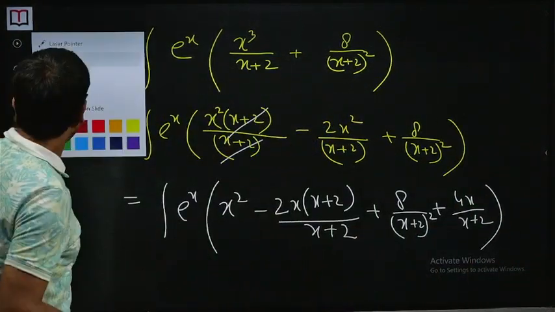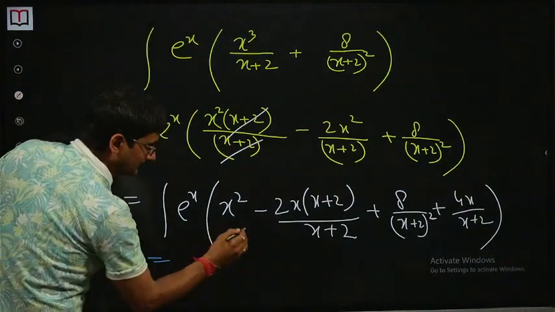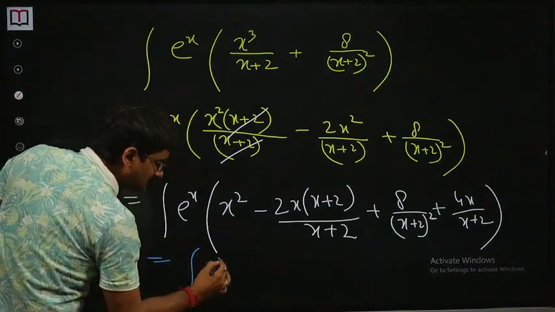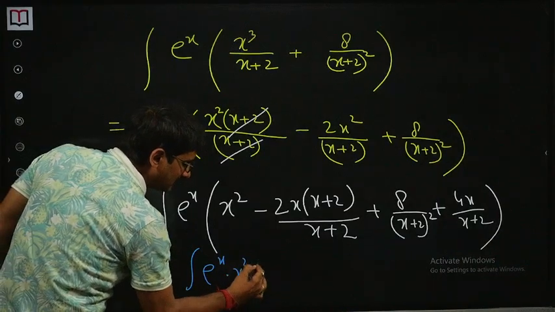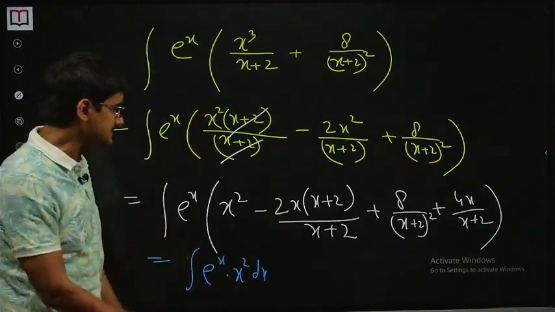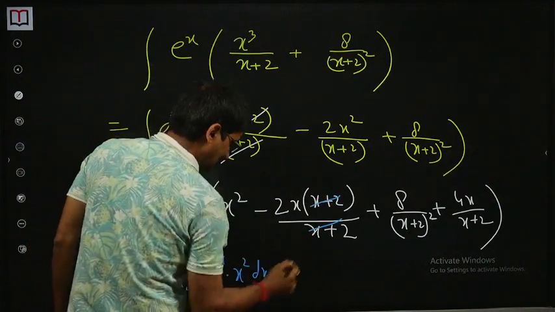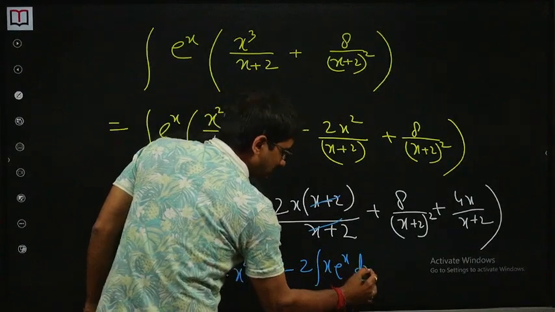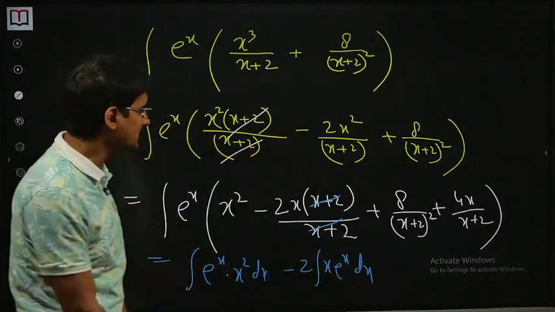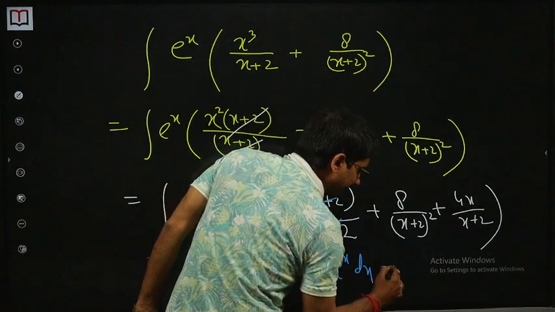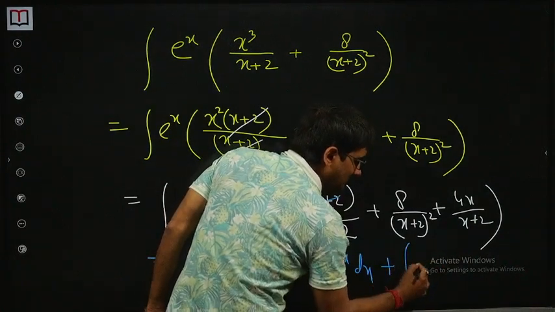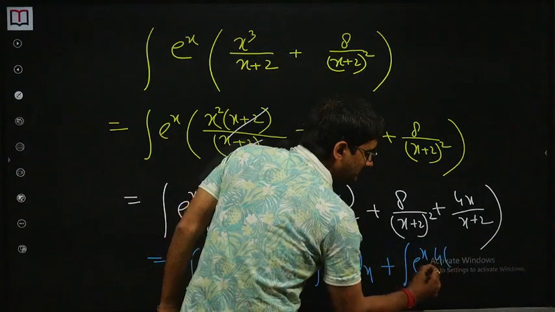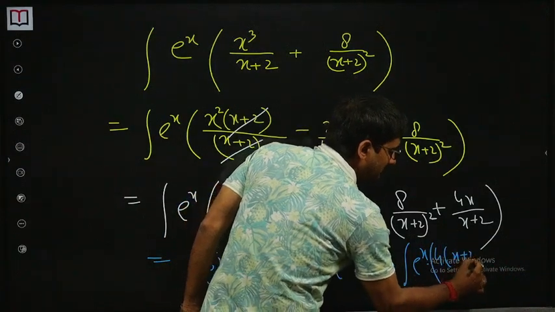Okay? Now at last, for further simplifying it, one integral is this, which we can solve with the help of course by parts. And then this is gone, and the integral is minus 2 times x e raised power x dx, that's also sorted, I believe.